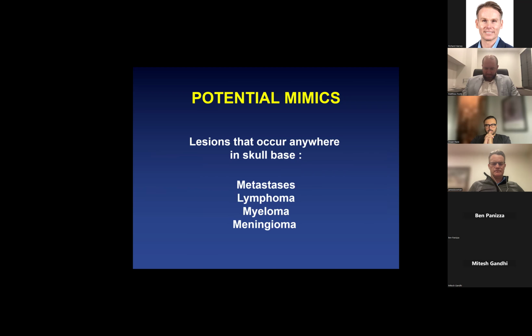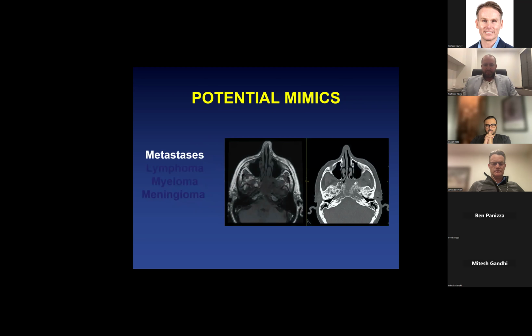Here are some examples of lesions that can occur anywhere in the skull base, including the clivus. The appearance of metastases will depend on the site of the primary. Metastases from prostate cancer, for example, are usually sclerotic. This is an example of a clival metastasis from a colorectal primary.